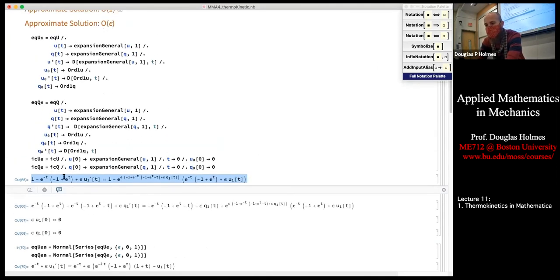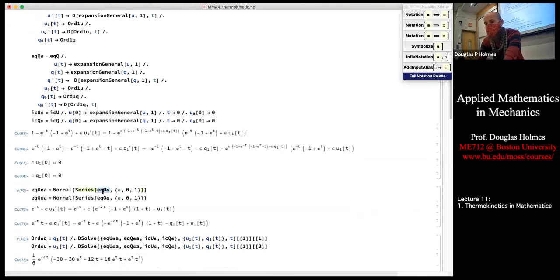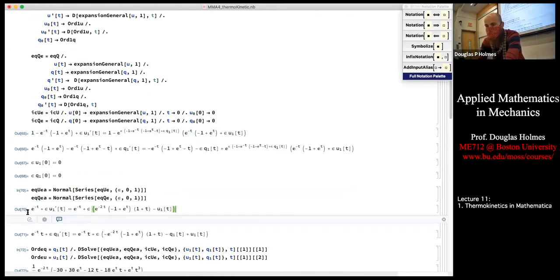I save this whole thing as this variable, which I assigned to EQU epsilon. And so I do a series expansion of this whole thing about epsilon at epsilon naught of 0 up to order 1. The result is that it takes this equation and simplifies it to this equation.